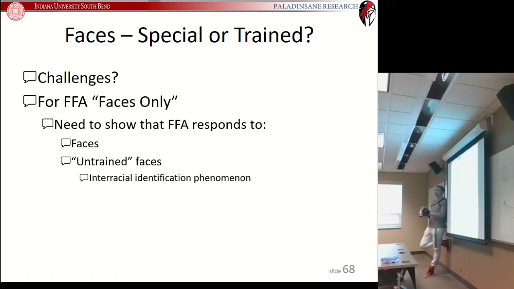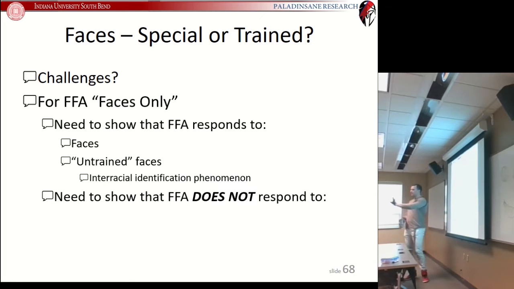So I could hang out with as diverse a range of people as possible, but my main facial experience, my highest facial experience, would still be of a Caucasian male, because I got to get ready in the morning. This doesn't just happen, and I spend time looking at the mirror. So, anyways, we would need to show it for untrained faces as well.